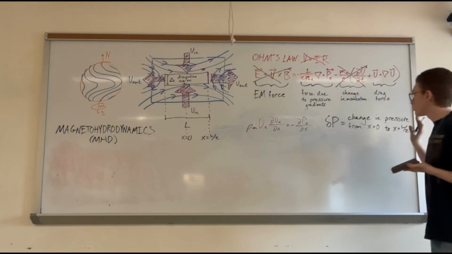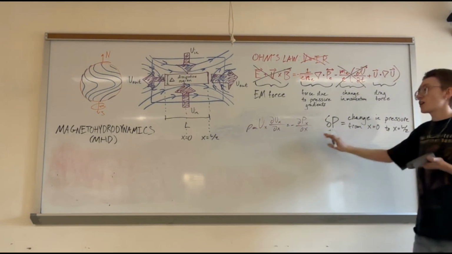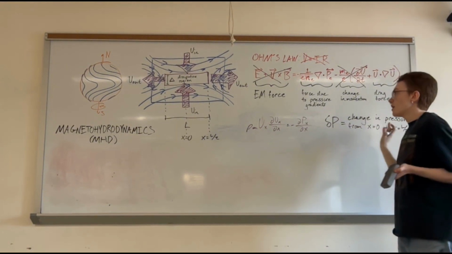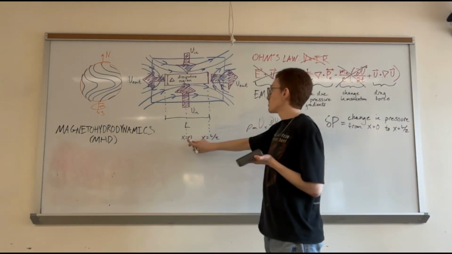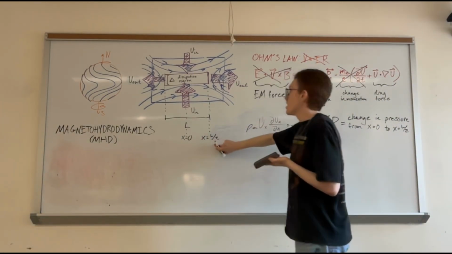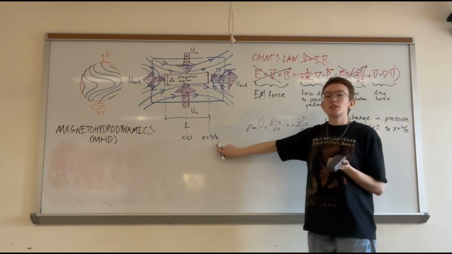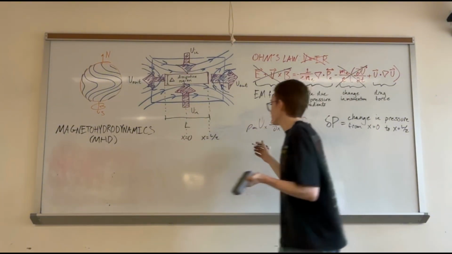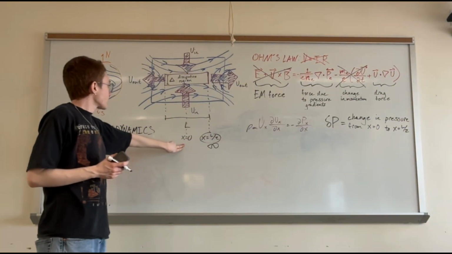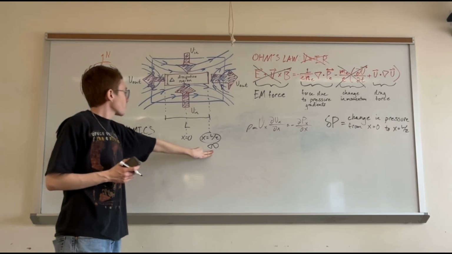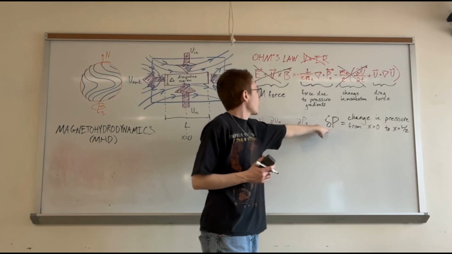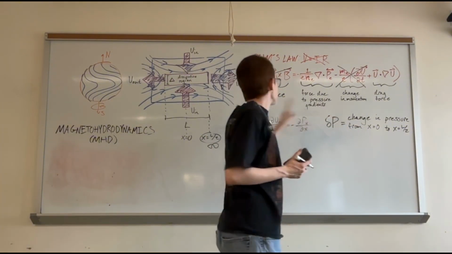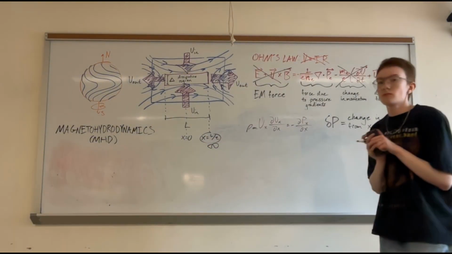Now, ideally, we would want to find this delta P from x equals 0 to infinity, but because the pressure changes so much from 0 to L over 2, we can just treat L over 2 as being basically infinity. So we're going to have some pressure here at x equals 0, and then some pressure here at L over 2, and then this delta P is our change in pressure from 0 to L over 2.